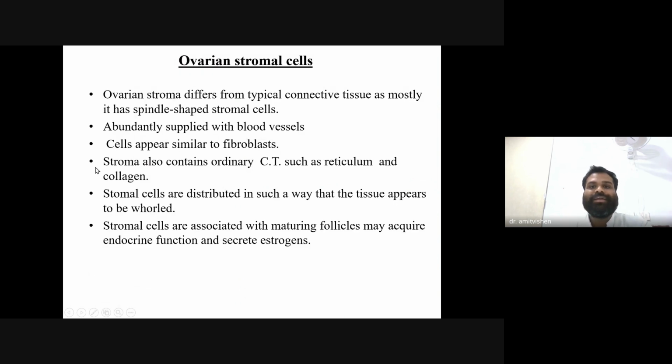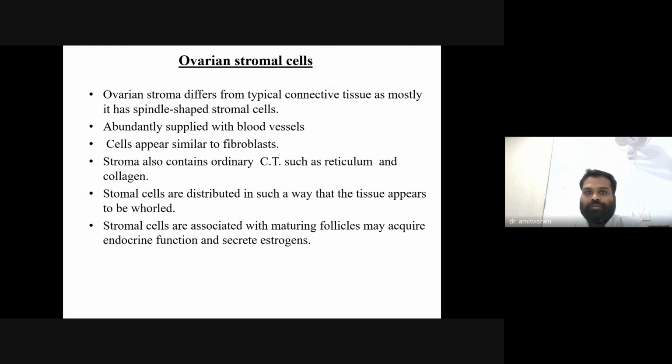Now, ovarian stromal cells. You will ask me how ovarian stromal cells are different from the other cells. These ovarian stromal cells differ from typical connective tissue as mostly it has spindle-shaped stromal cells, abundantly supplied with blood vessels and capillaries, and similar to fibroblast cells also.